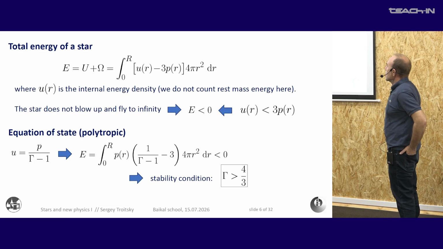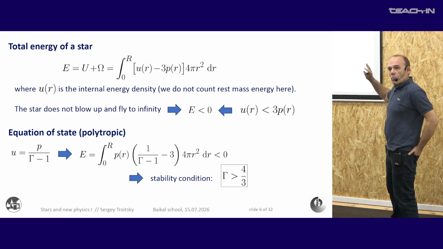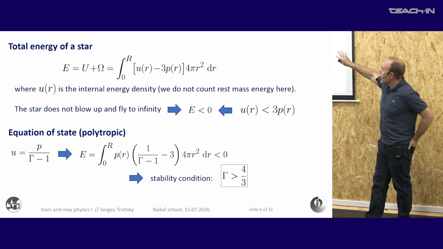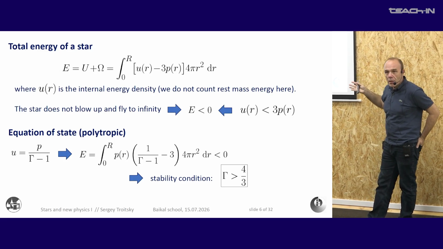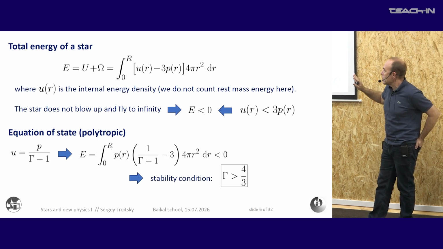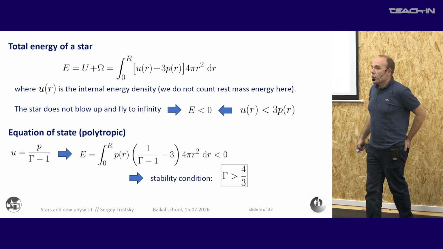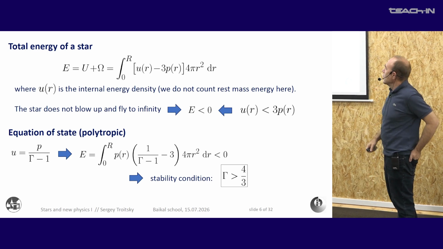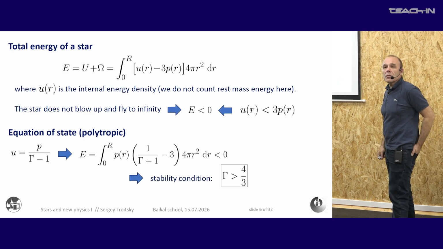And the second equation, you remember that we have density and pressure, and we need something to relate them. And this is, of course, the equation of state. And the equation of state, unfortunately, brings to us the third variable, temperature.